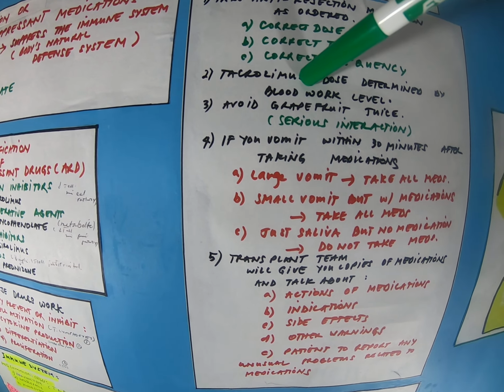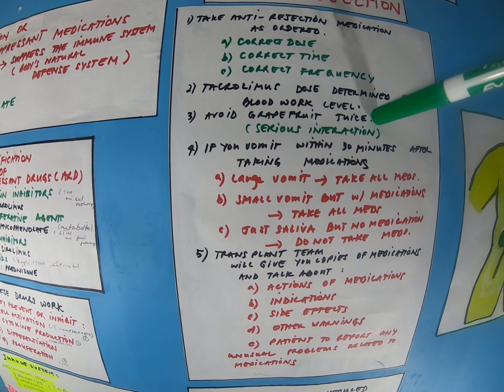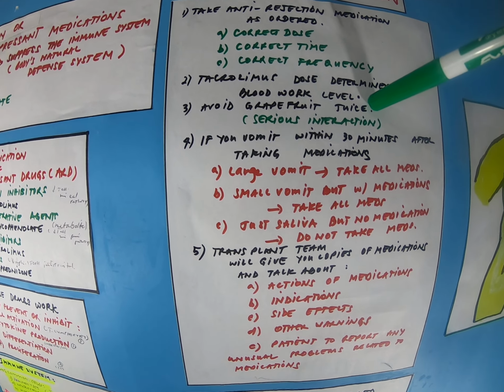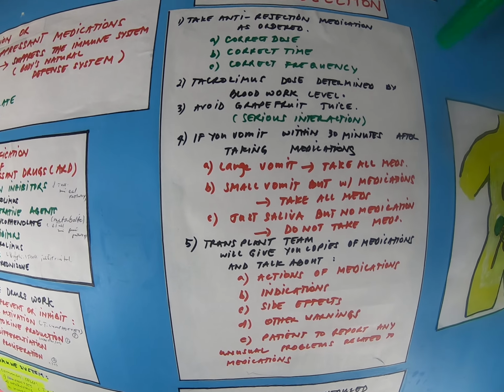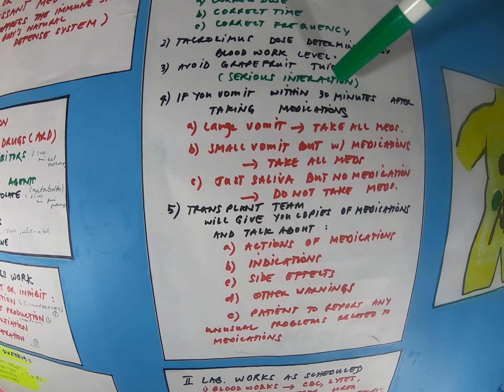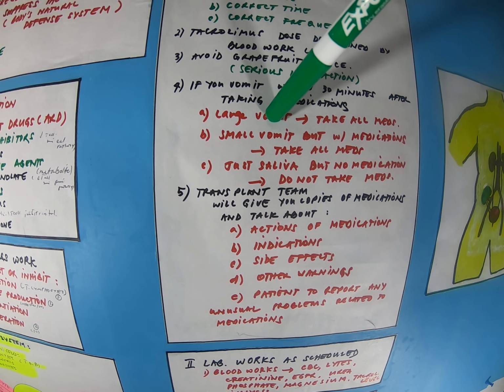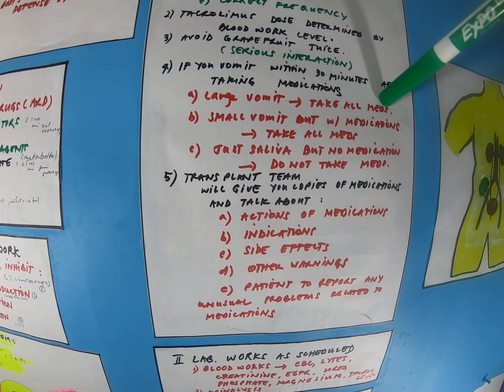Do not drink grapefruit. The grapefruit will increase the serum level of these medications in the blood. So do not drink grapefruit juice because there will be a serious interaction. If you vomit within 30 minutes after taking medications, let's talk about the volume. If you vomit a large amount, take all your medications again.